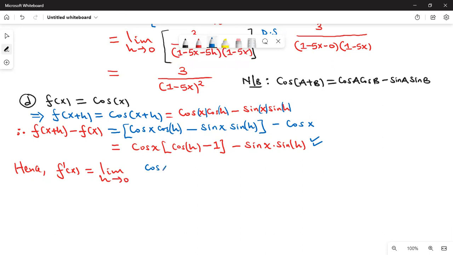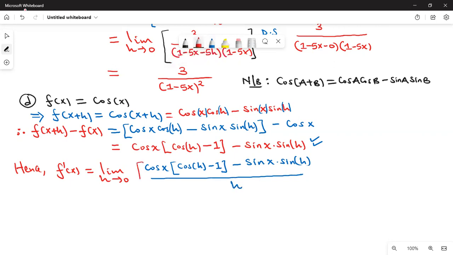Cos X times this kind of bracket, cos H minus 1, minus sine X times sine H. That's our numerator. Our denominator is H.